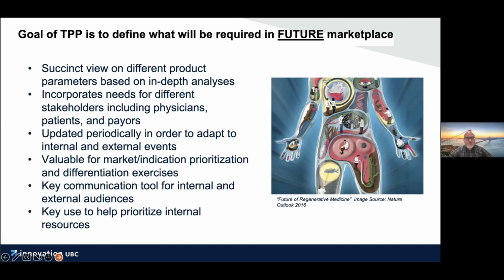Within biotech and pharma, they're updated periodically in order to adapt to what's happening internally with your programs, and also external events, namely competitive landscapes. And it's super valuable for indication prioritization. Many of you have platform technologies, and you're looking at indication prioritization.